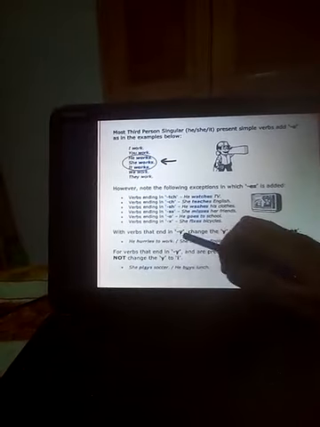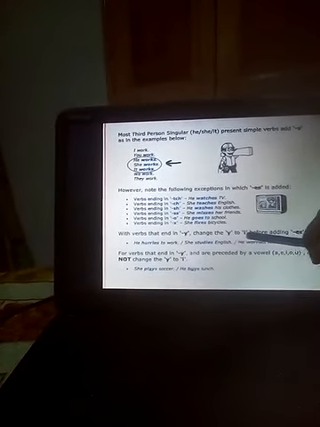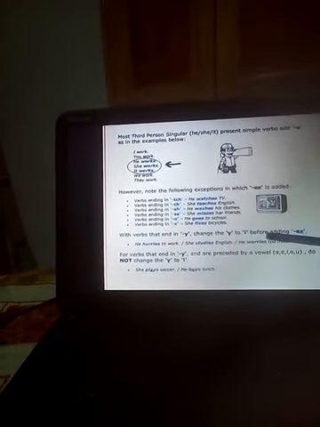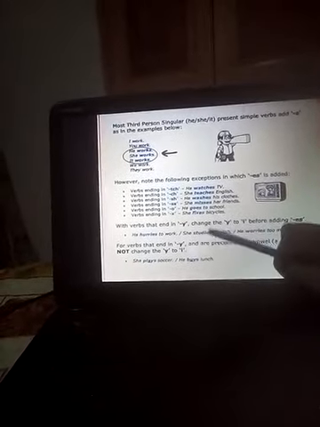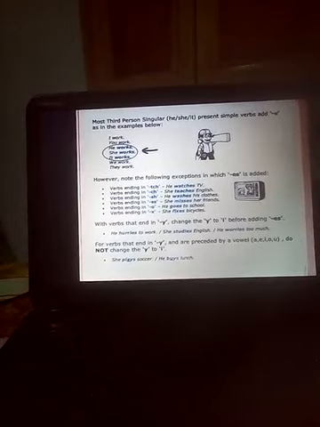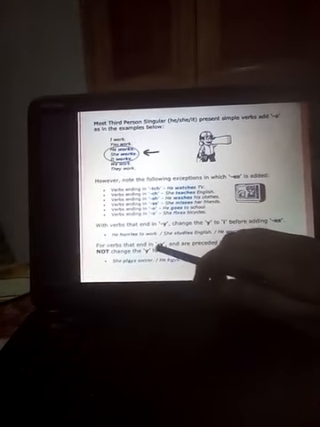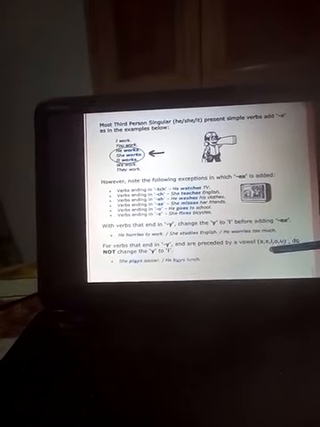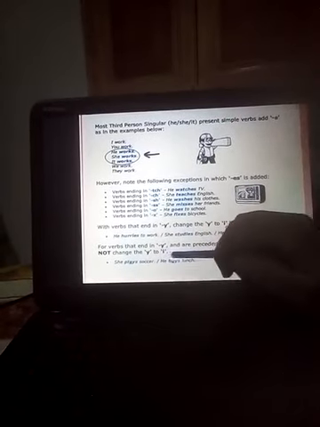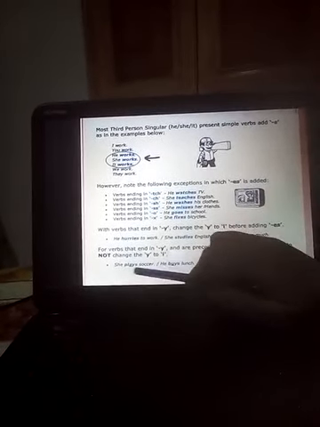Okay? So, the example here with the verb that ends with y, change the y to i before adding es. So, he hurries to school. She studies English, not study. He worries too much. Okay? So, for verbs that end with y and are preceded by a vowel like a, e, i, o, u, do not change the y to i. So like she plays soccer.